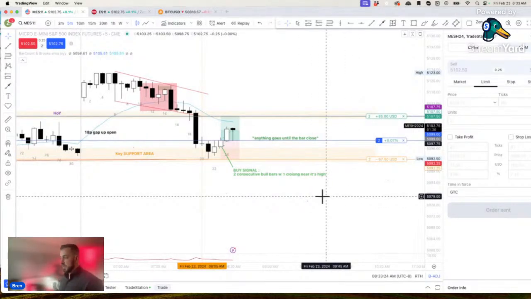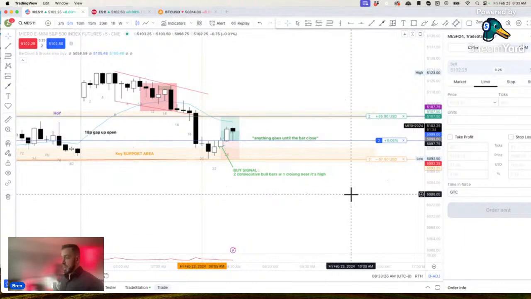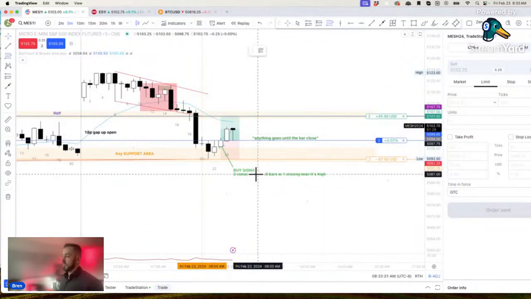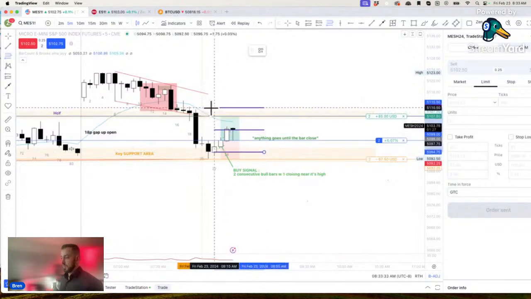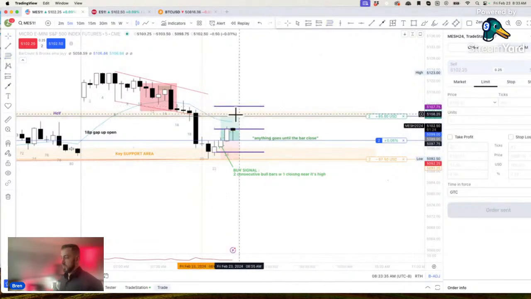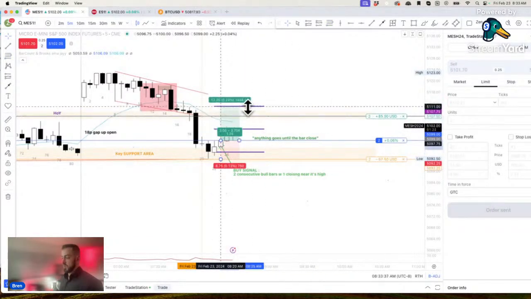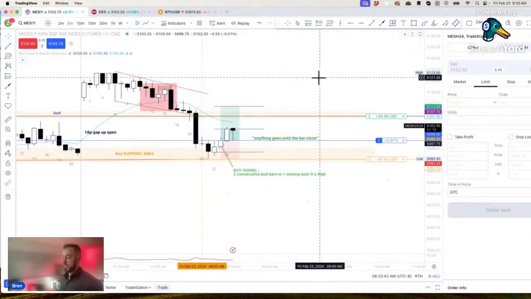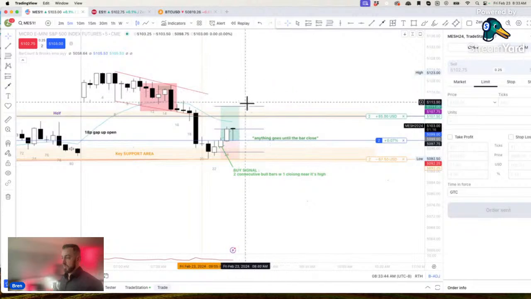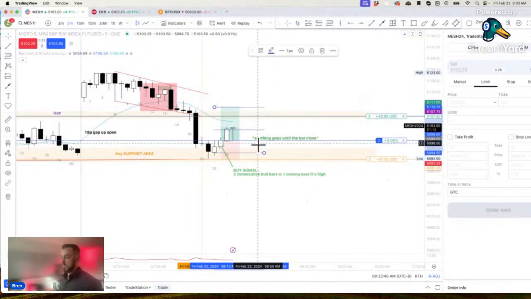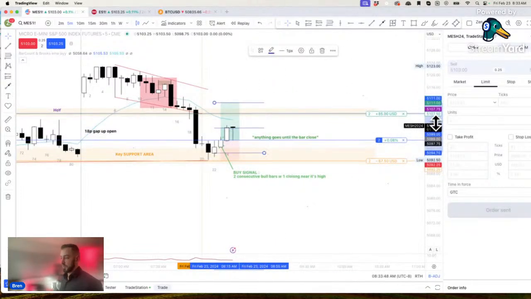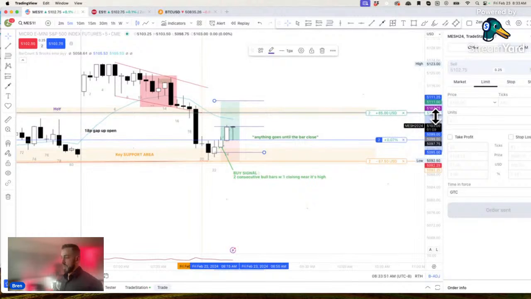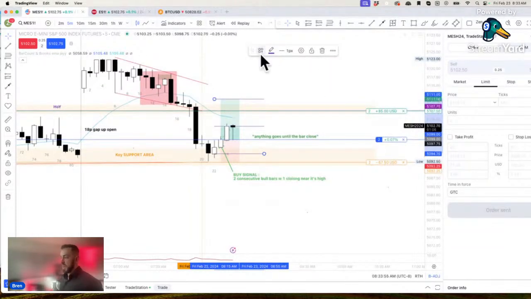But as you can see, this trade's working out very immediately, which is awesome. In the past, I would have thought that I missed that trade.